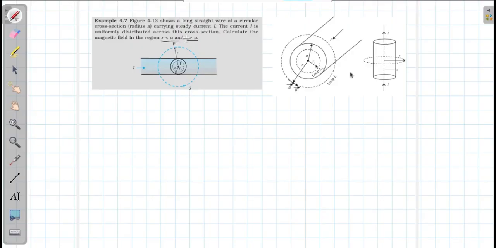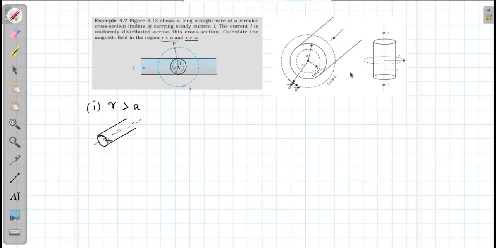We will first go for r greater than a. I'm going to solve it at the very beginning because this case is very easy. Consider this diagram. Your current carrying conductor, and this is the axis.